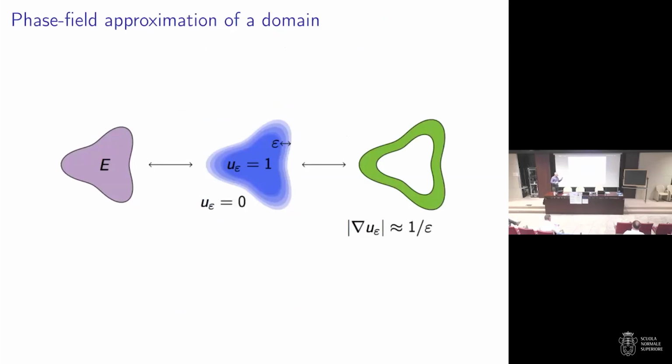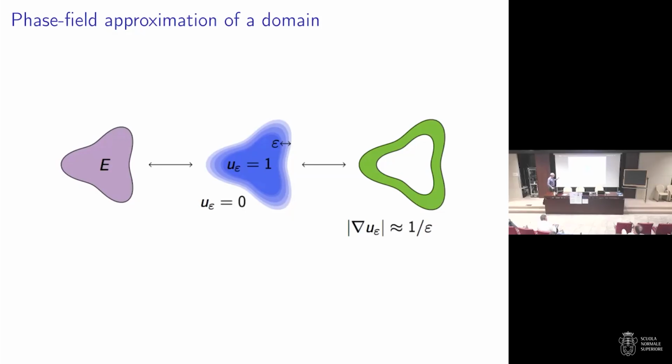Is anyone not familiar at all with phase field approximation? Everyone knows it. Oh, okay, you're not so familiar. So thank you. You saved parts of my talk. Otherwise, I could spend more time on other parts.